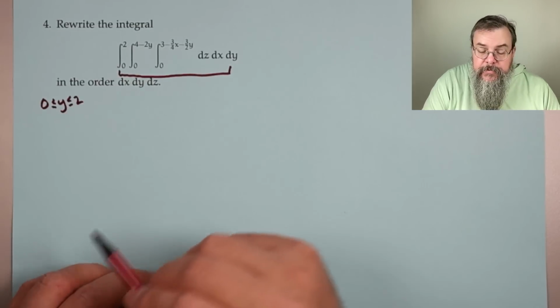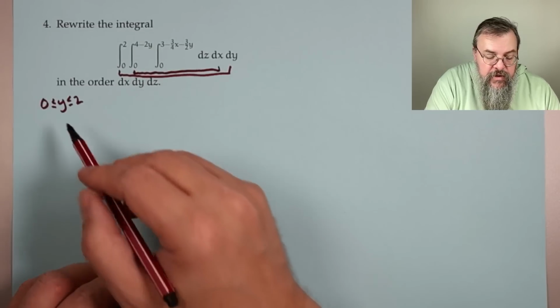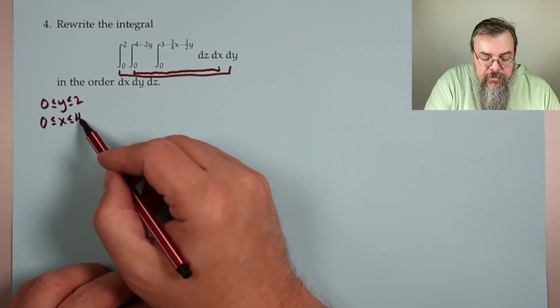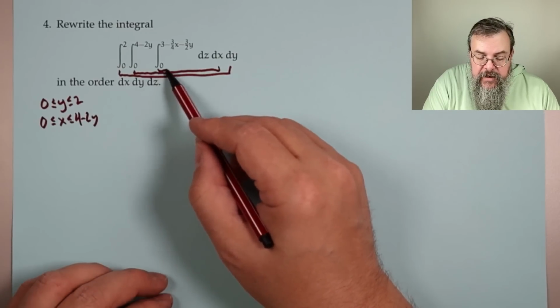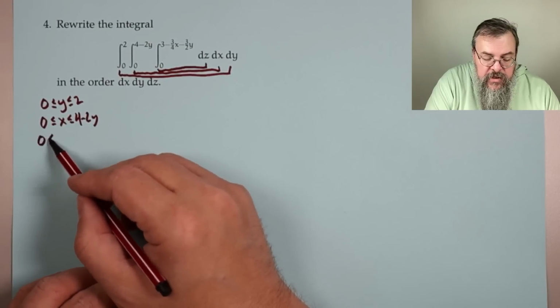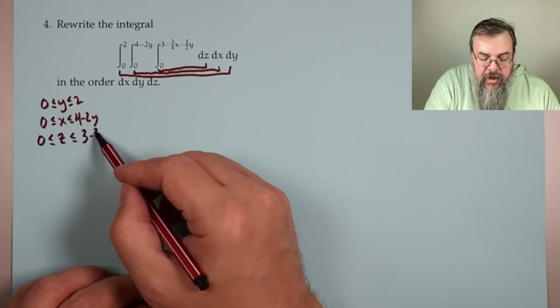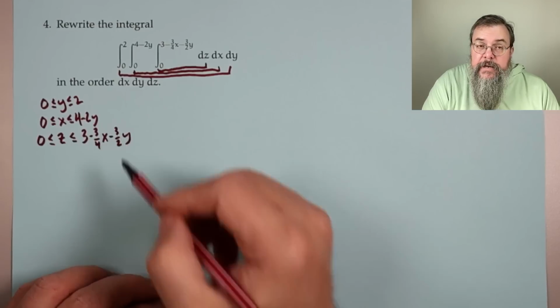That's our outer layer. Our middle layer tells us that x is going from 0 up to 4 minus 2y. And our innermost layer says 0 is less than or equal to z is less than or equal to 3 minus 3/4 x minus 3/2 y.